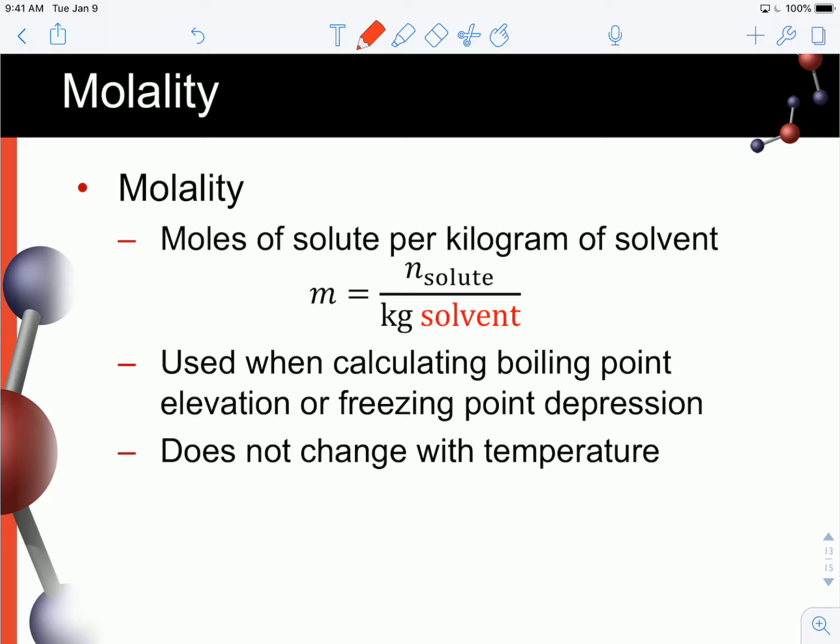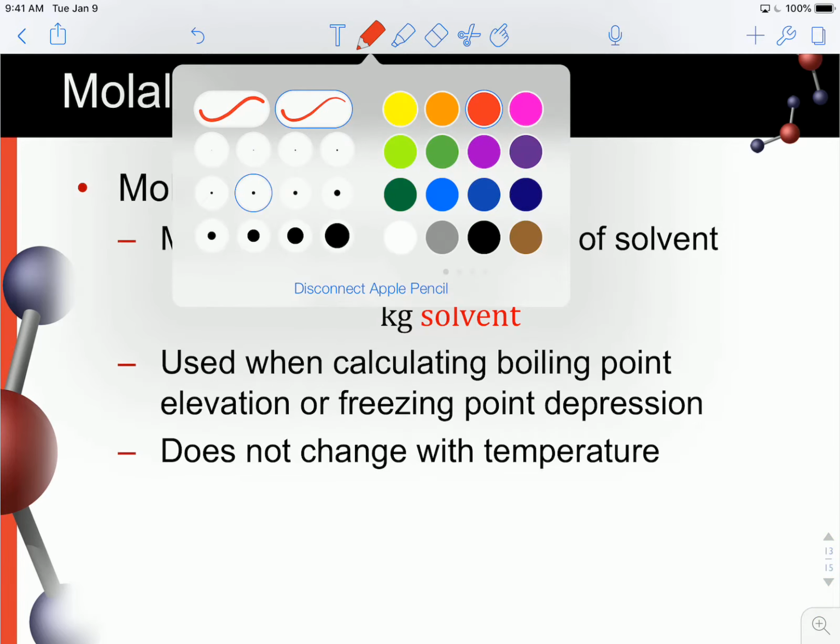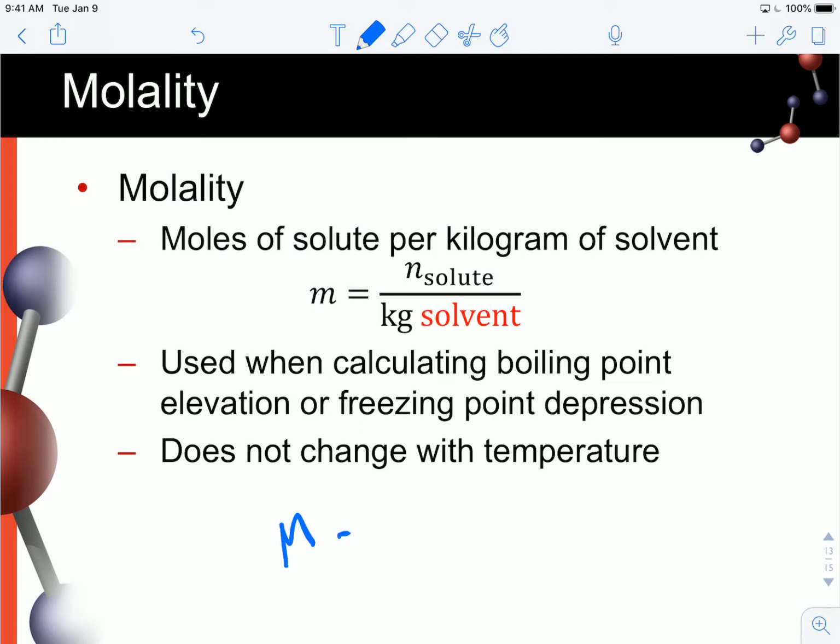Okay, so now we need to talk about molality, and you'll see this in your book in great detail. The only difference between this and molarity, which is with a capital M, is that molarity was volume of solution, remember? Now, not only are we not using volume, we're using mass, and not only are we not using solution, we're using solvent.